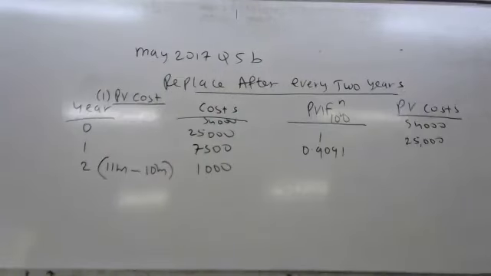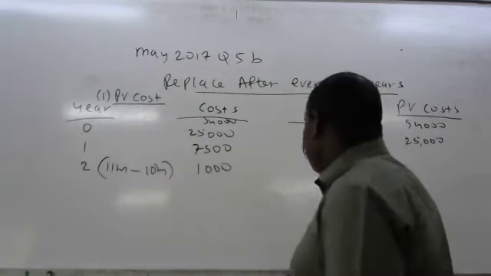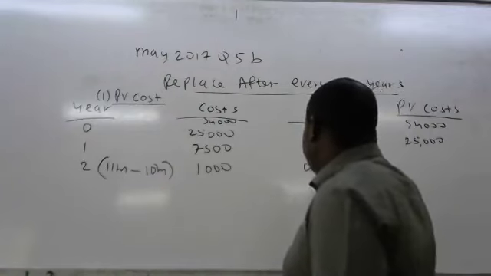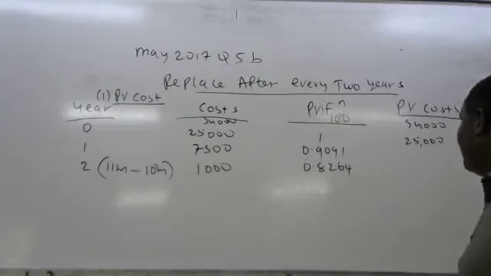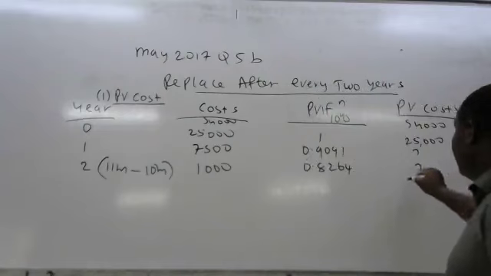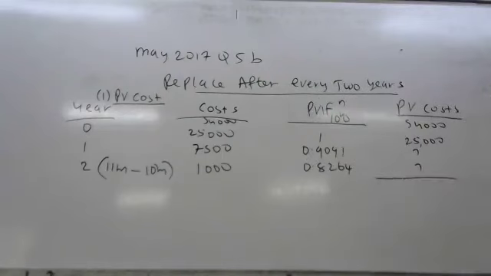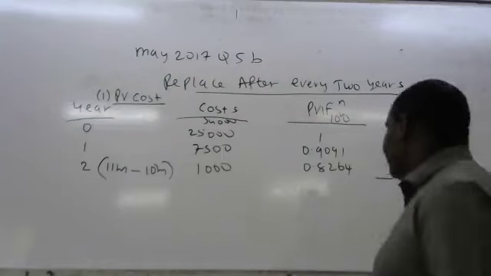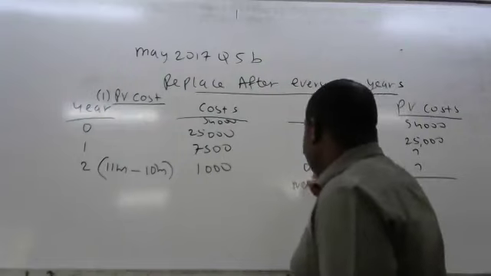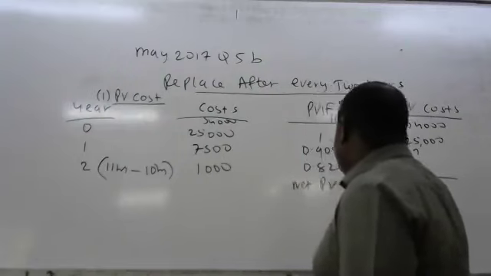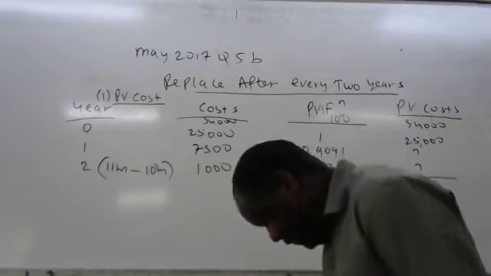Then also confirm in the table what is 10% in year two: 0.8264. Yeah, so also multiply like that. Then add them together to get the net present value cost.